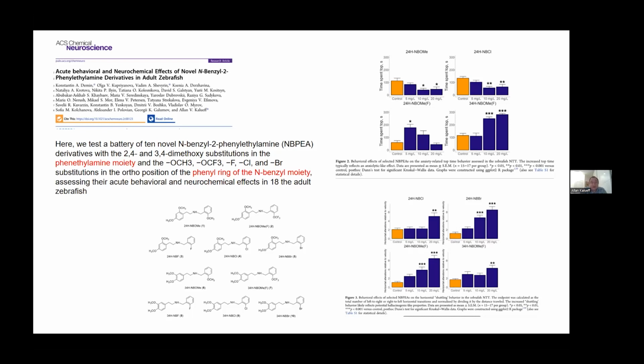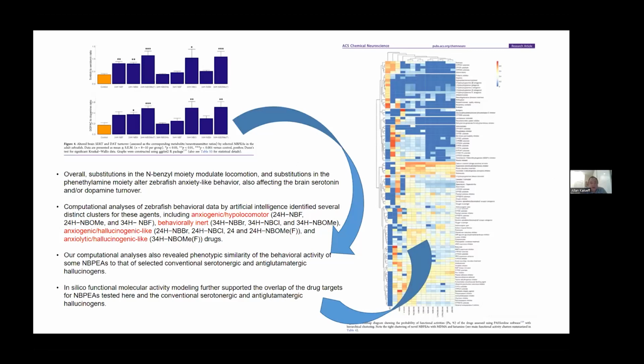We also studied neurochemistry of these drugs, looking at the expression at the levels of serotonin, dopamine, and norepinephrine and their metabolites, identifying, as I mentioned, four clusters: anxiogenic, behavioral inert, anxiolytic, and anxiolytic and hallucinogenic compounds.